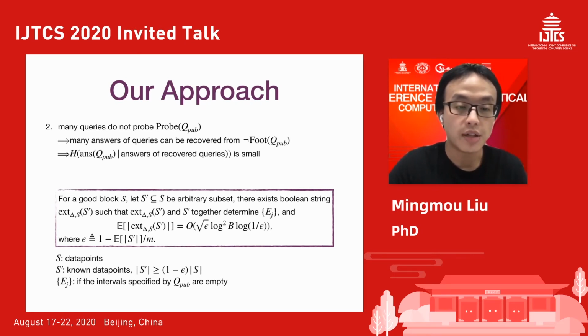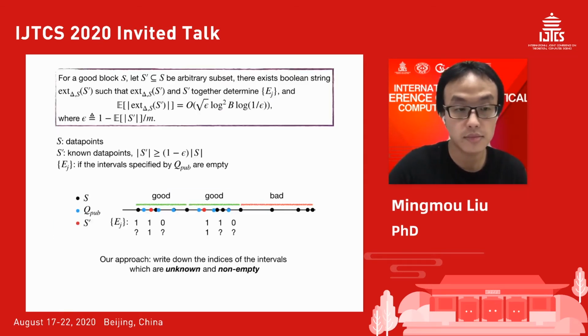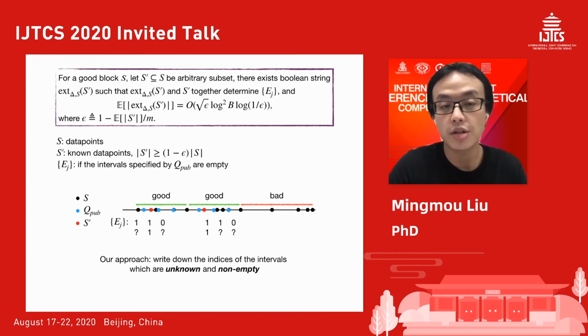Assume we can recover at least 1 minus epsilon fraction of the data points. Then we can fully recover the E with an extra short auxiliary bit string. Recall the definition of array E. QPub breaks the universe into small intervals, and the array E encodes all the intervals that contain at least one data point.